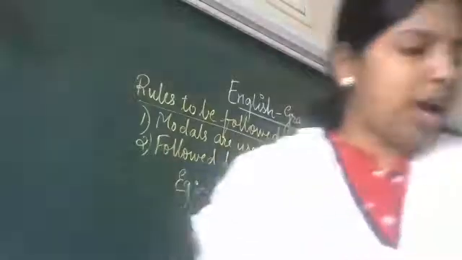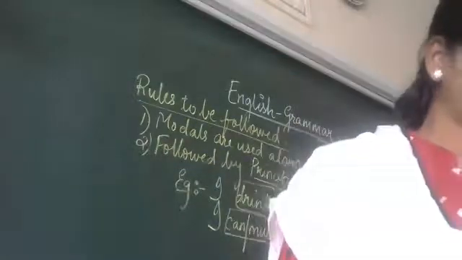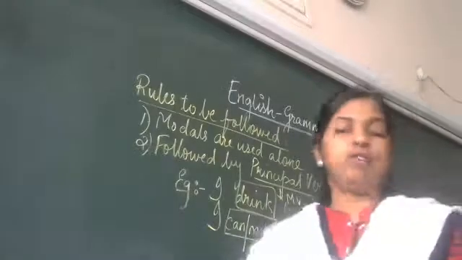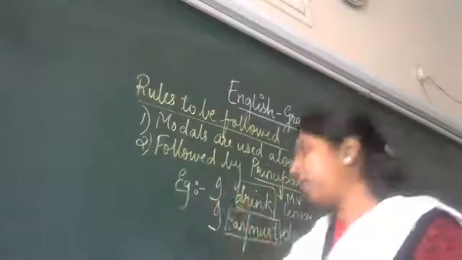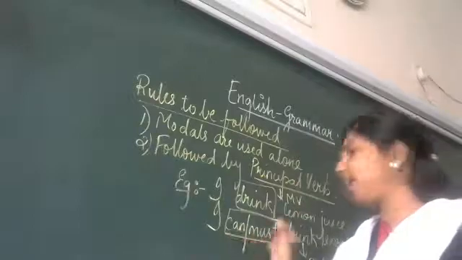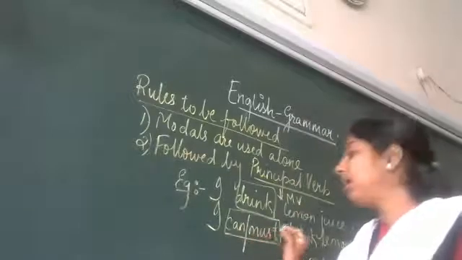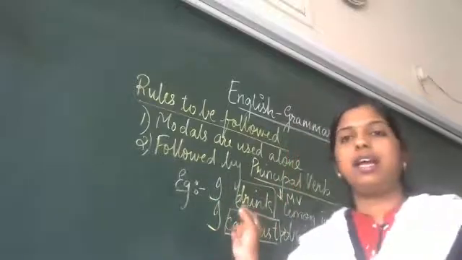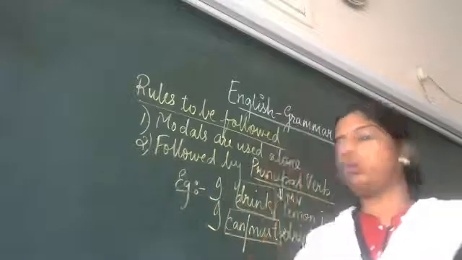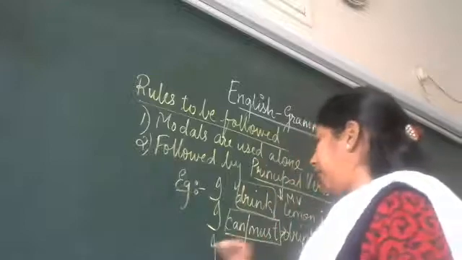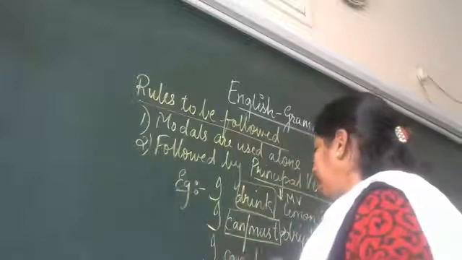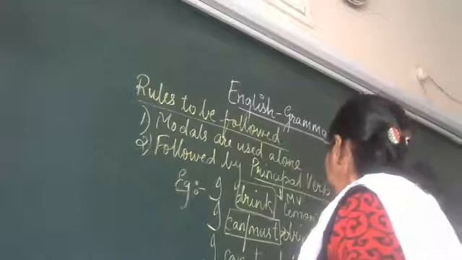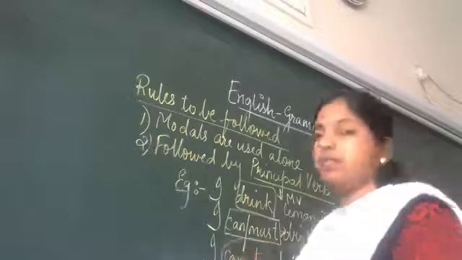Got it? Now we will see that they are always followed by an infinitive without to. That means when you are writing a sentence or adding a modal to the sentence, it doesn't contain to. If I write here, I can to drink lemon juice, is this correct?